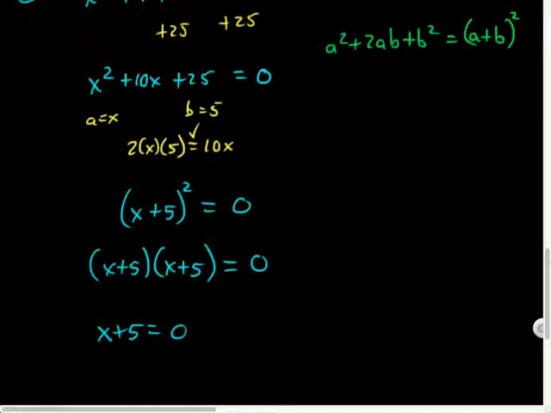But I'm not going to write it twice because it's going to get the same solution both times. So I'm going to get x equals 5. So here's a situation in which I have only one solution. Or you could think that I got the same solution twice, if I truly set both of those equal to 0.